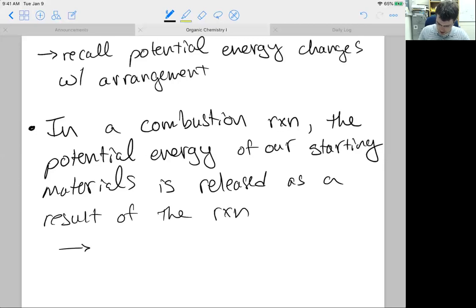Said another way, energy is a product. So it shows up on the product side of the chemical reaction. It's released into the surroundings to do work. So whatever our engineered system is, it absorbs the energy that was released from the combustion reaction, and things start moving, okay?